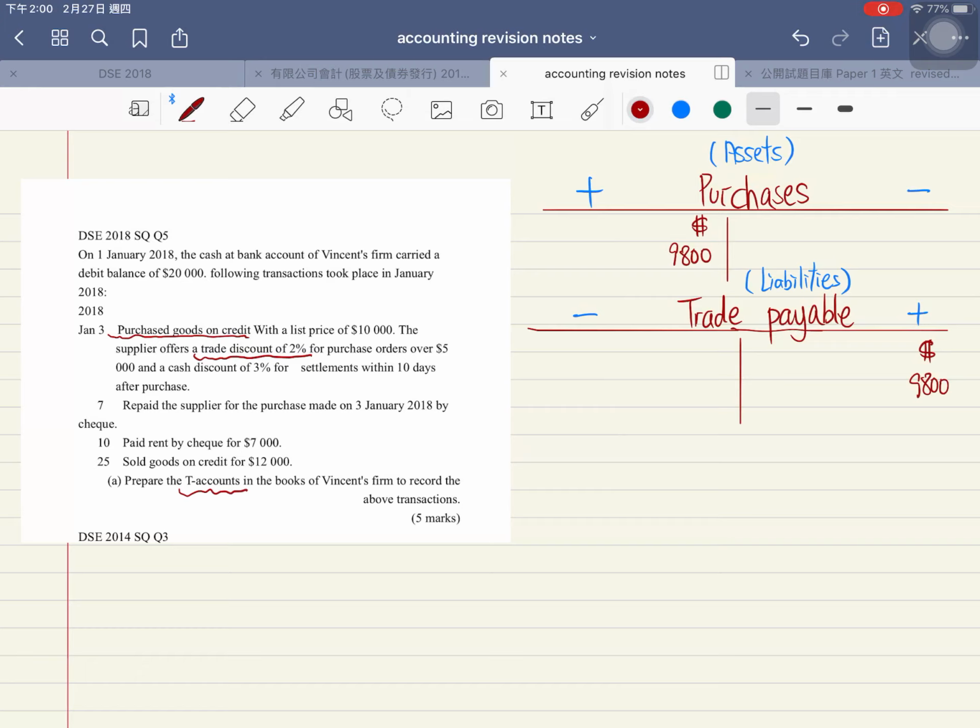So remember, record the date. And for the account, we write down the opposite one. That means in purchases account, we write down trade payable. In trade payable account, we record purchases.